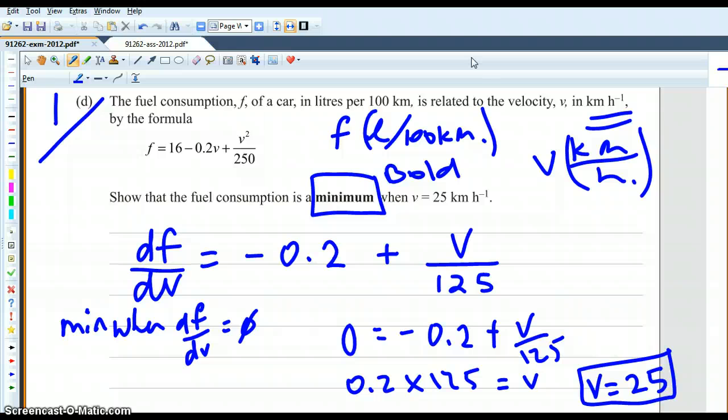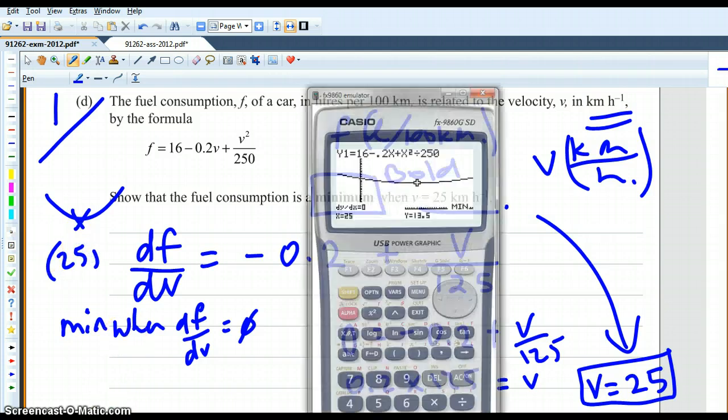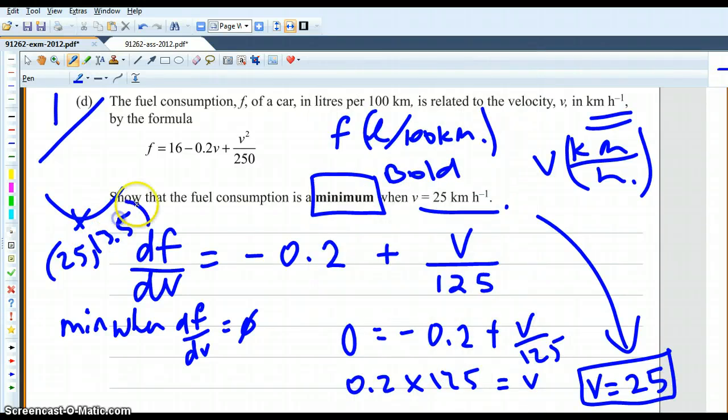Alrighty, show that the fuel consumption is a minimum when the velocity is 25. So have I shown that? How can I prove it's a minimum? I could draw a little graph with that point, 25, comma 13.5. Or I could derive again.